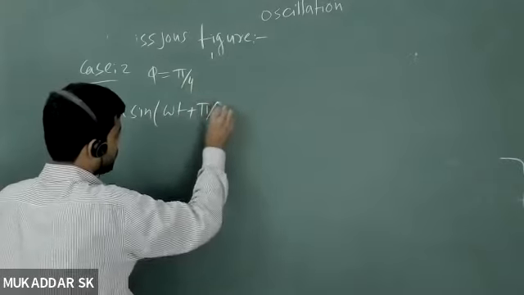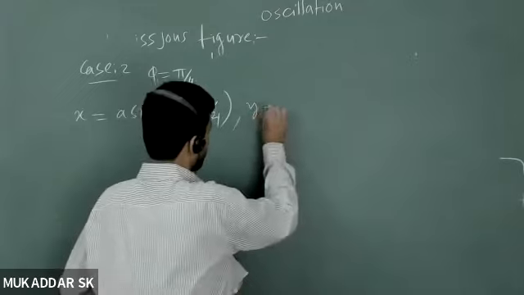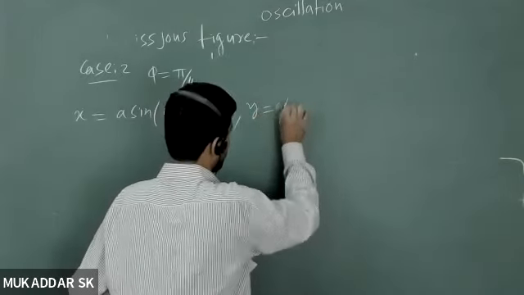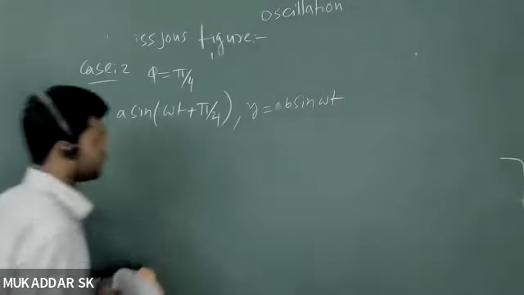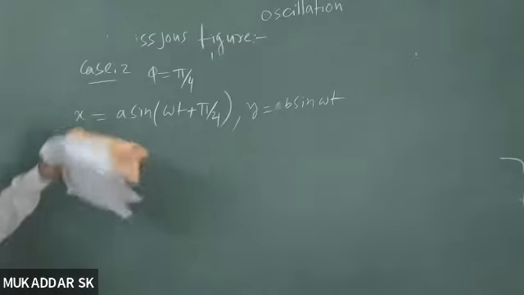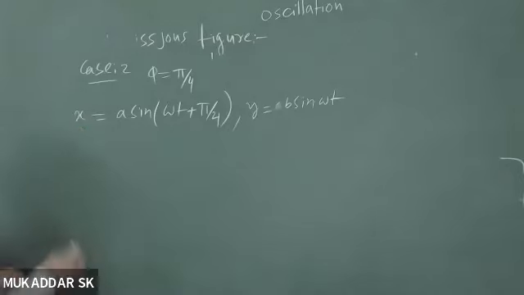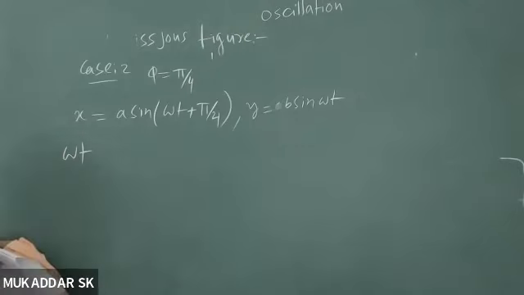And y equals b sin(omega t). Right? This was your equation. Now how will we plot when phase phi equals pi by 4? So I will take different times, and then we'll investigate the trajectory of the particle.